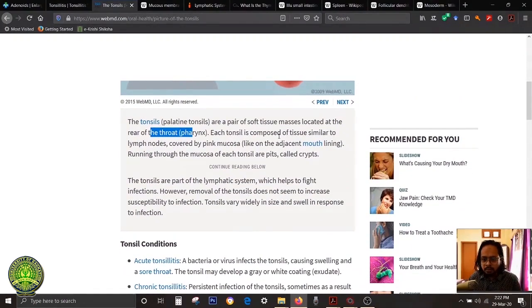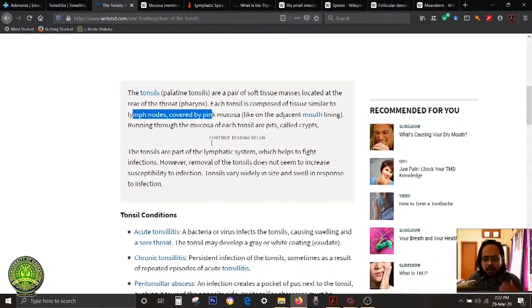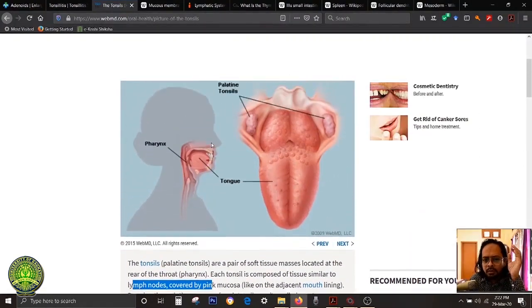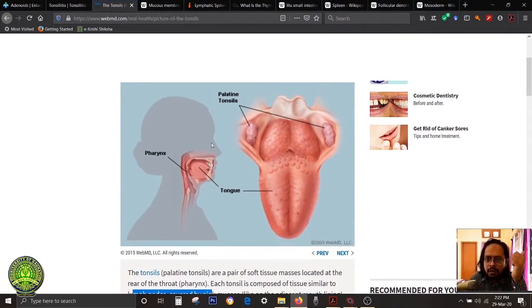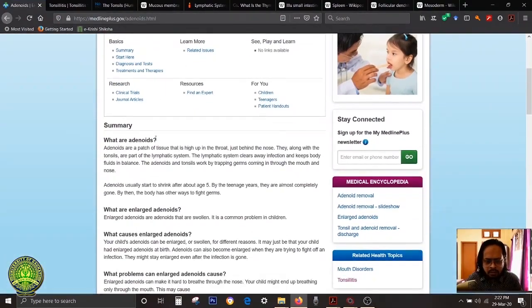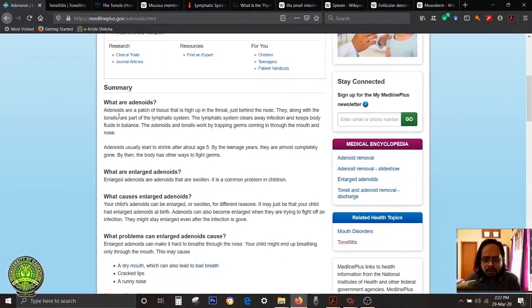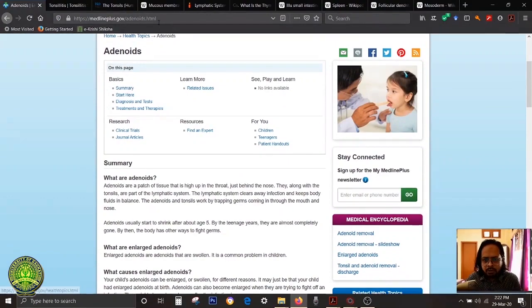Each tonsil is composed of tissue similar to lymph nodes. It's covered by a pink mucosa, and it is responsible for screening the air that you are taking in. So just to give you a brief idea, okay, we understood tonsils. Let's understand adenoids. The website that I'm referring to is freely accessible and you can directly see it here.